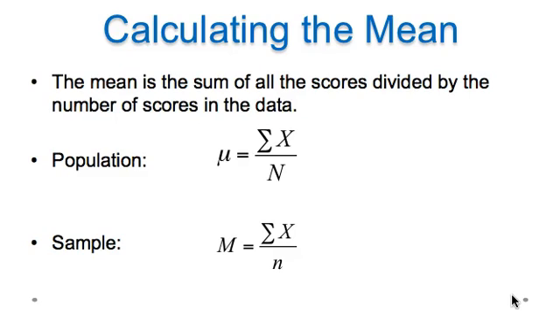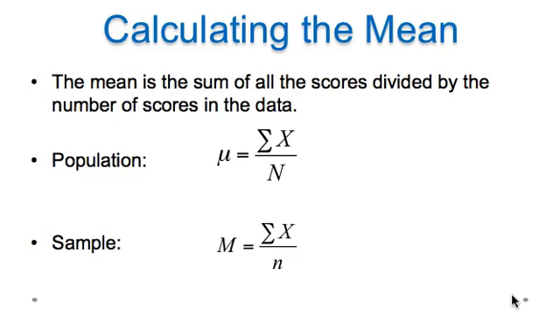The population mean mu is calculated using all the individuals in a population. The population mean mu is a parameter. Remember, in statistics, Greek letters are used to represent parameters. The formula for the population mean is mu equal sigma x divided by capital N. Sigma, the capital Greek letter sigma, is the symbol for sum of or summation.